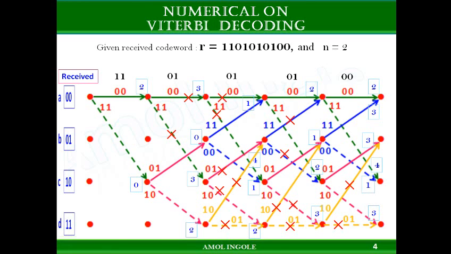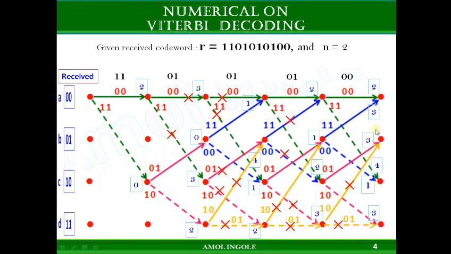Okay. Now, if you see all these path metrics, you have to take a decision. That is step number 5. You have to select the path which has got the lowest path metric. See here, there is only one which has got path metric 1, and all others have path metric more than 1.